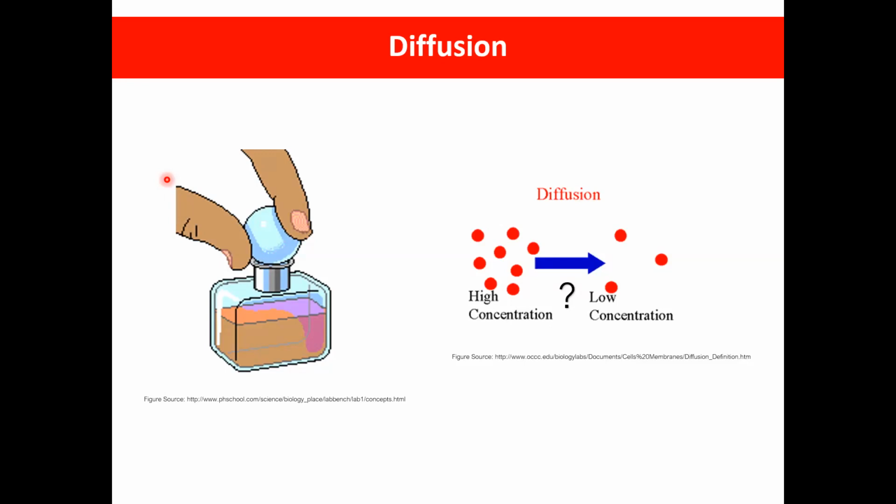And there is also a change of concentration with respect to space, because initially all the fragrance molecules were in the bottle, and then after some time they are at a distance where they were not there. So when diffusion is happening, there is a change of concentration of these diffusing molecules with respect to space as well as with respect to time.